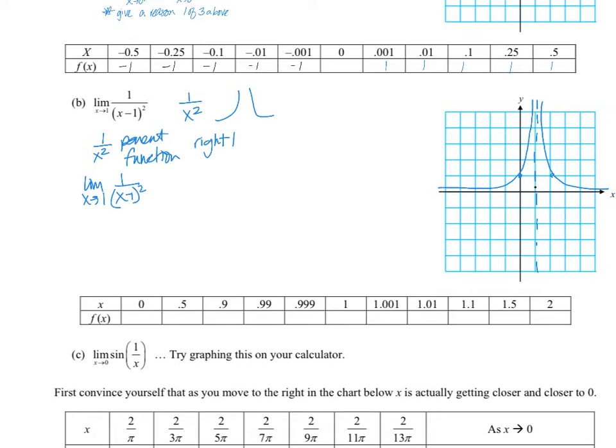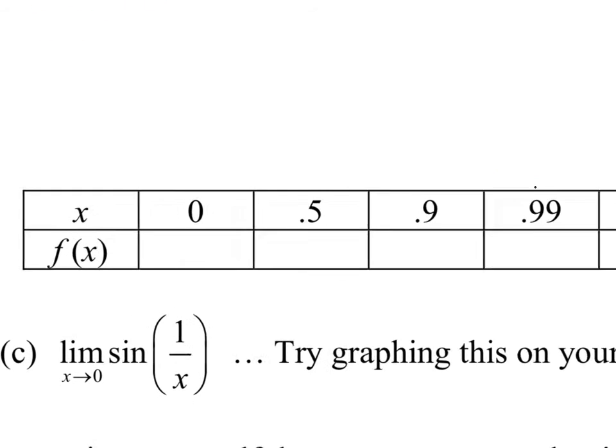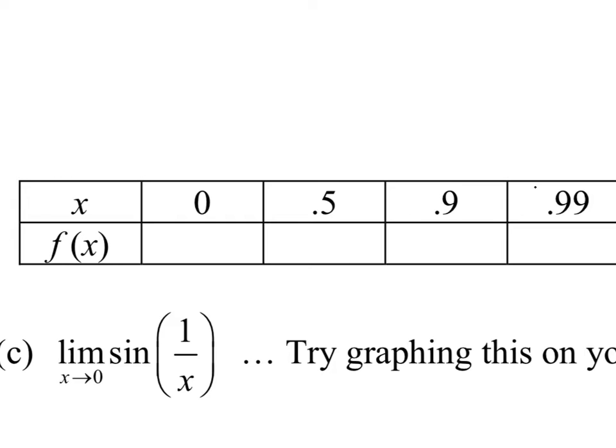So I trace, and I'm going to figure out what 0 is, and I get 1. I do it with 0.5, I get 4. I do 0.9 and get 100.